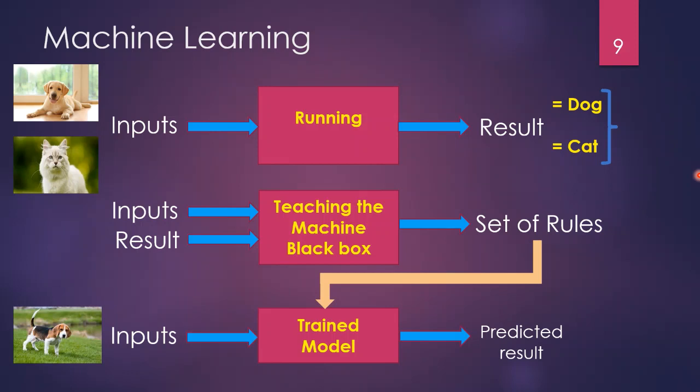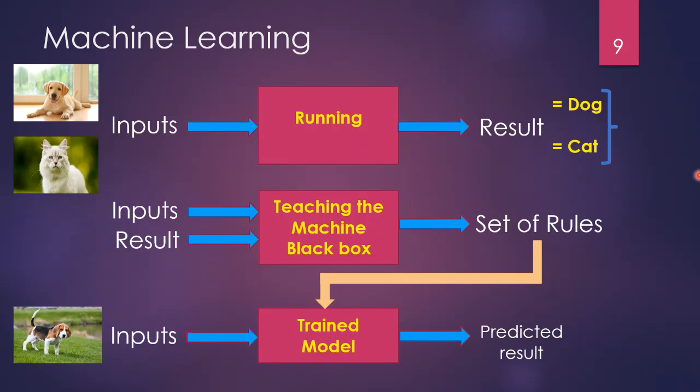Why? Because your eye or your brain has been trained with different postures of dog images or cat images, and those different postures are the different variety of input data, right?